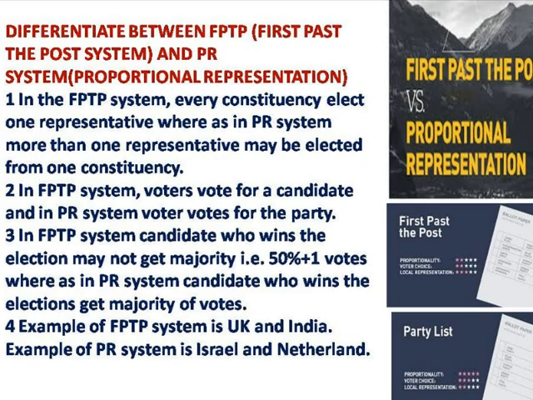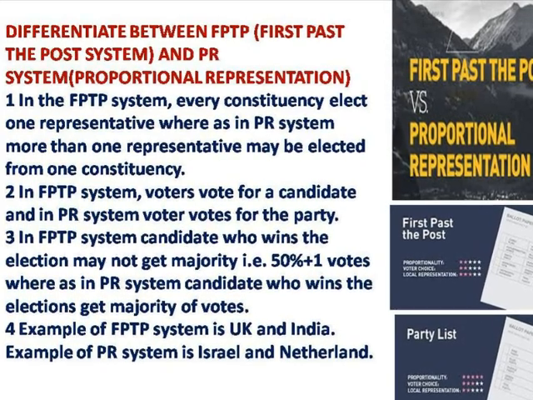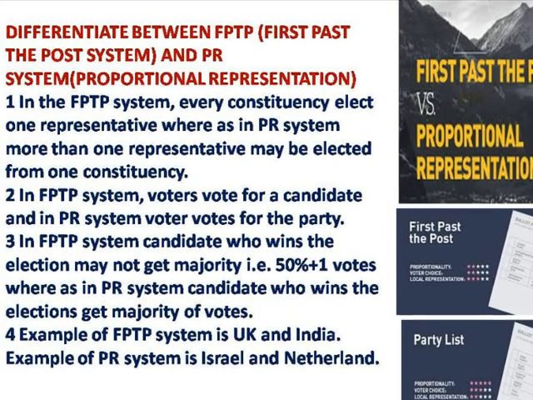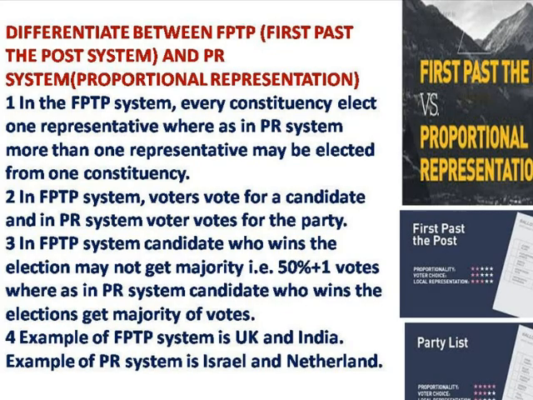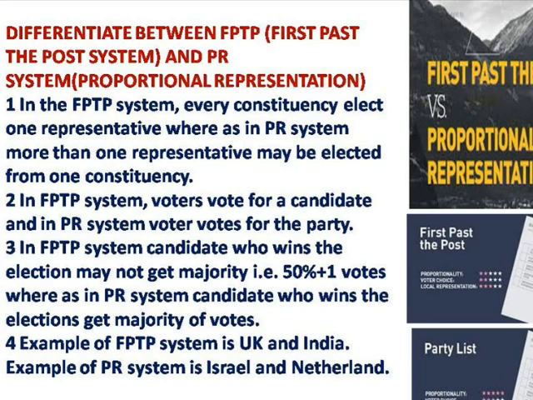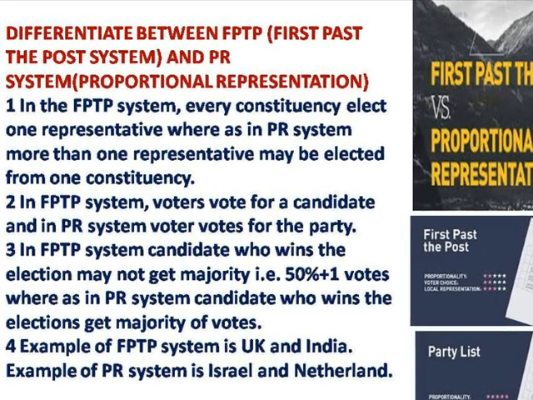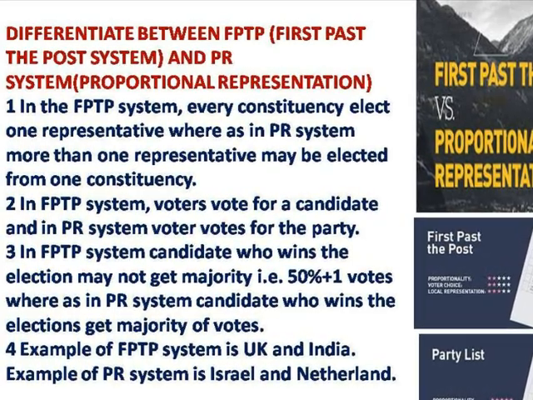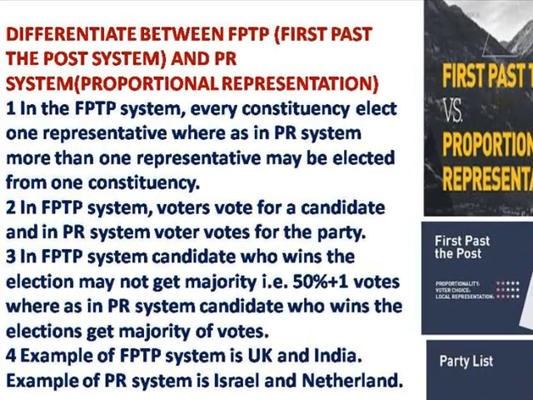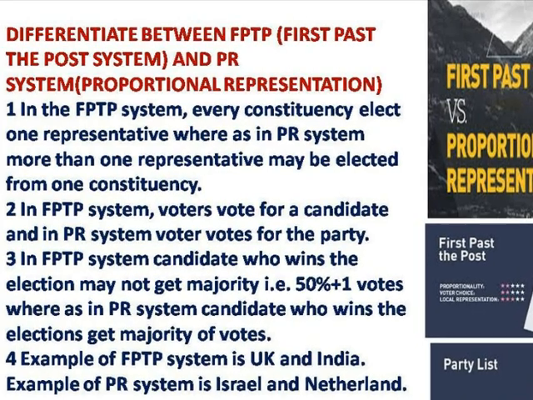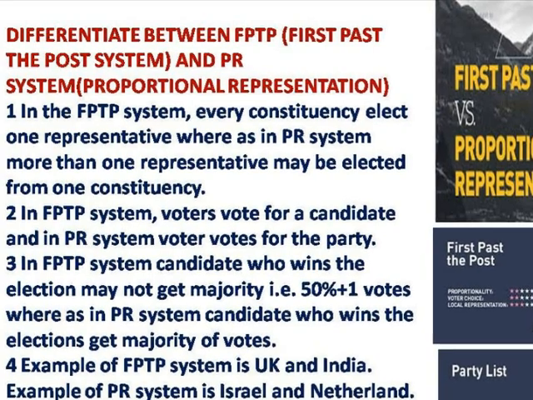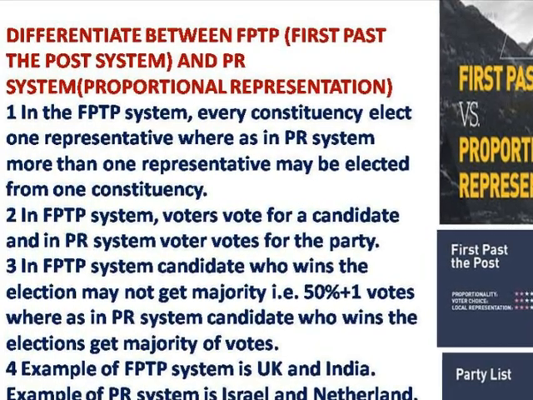Students, in the first past the post system, every constituency elects one representative, as in India for the members of Lok Sabha. Whereas in the PR system, more than one representative may be elected from one constituency. For example, the members of Rajya Sabha are elected on the basis of the PR system. Next, in the FPTP system, voters vote for a candidate and in the PR system, voters vote for the political party.